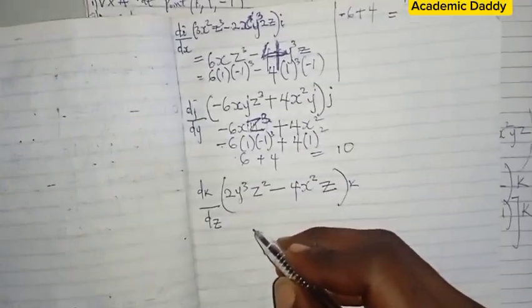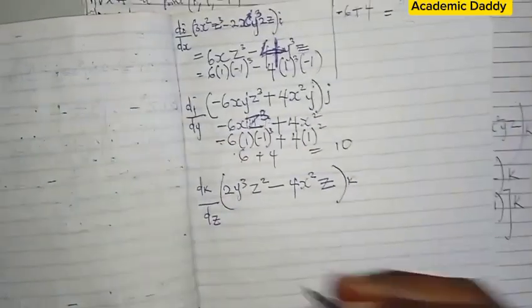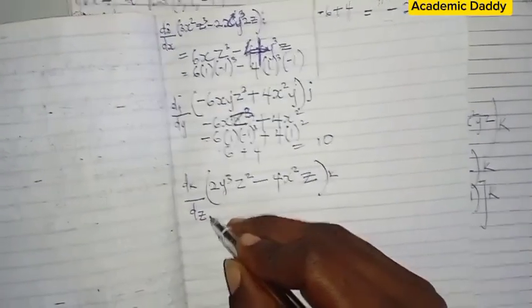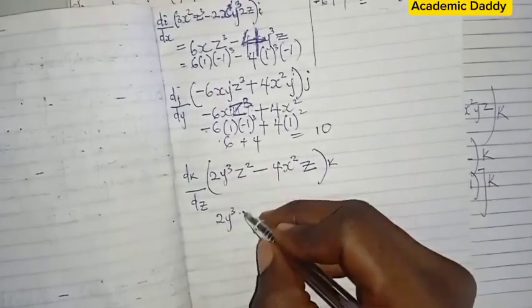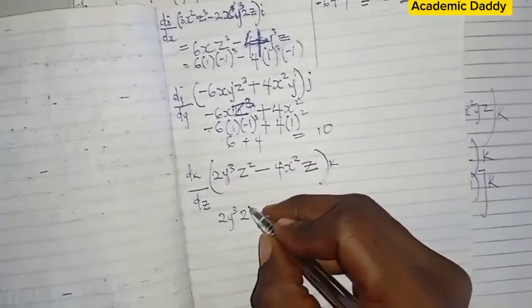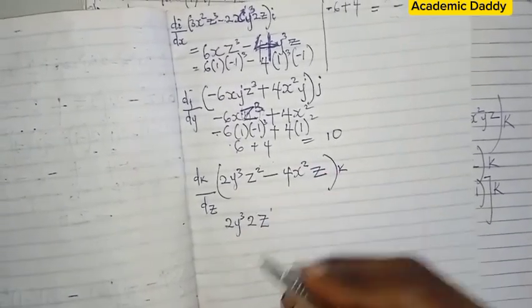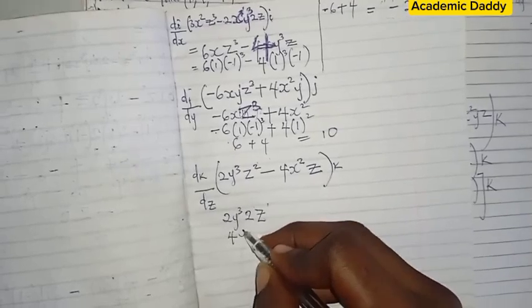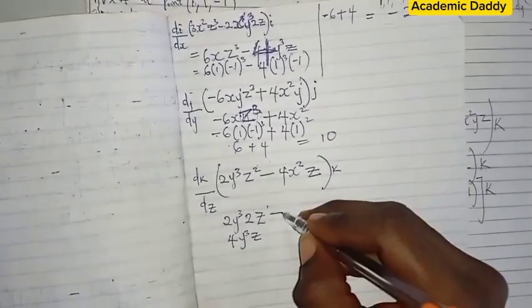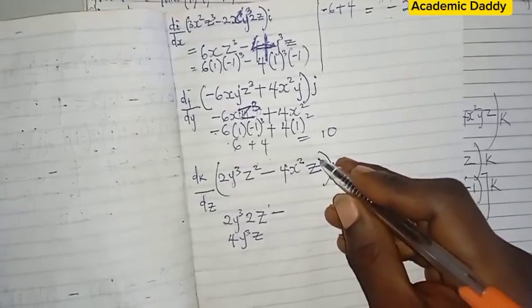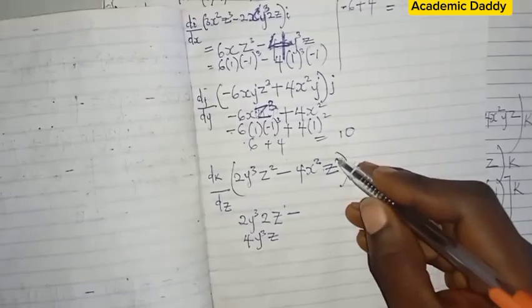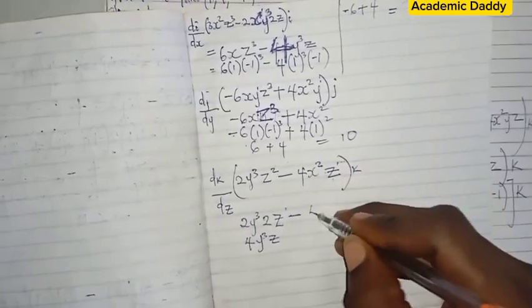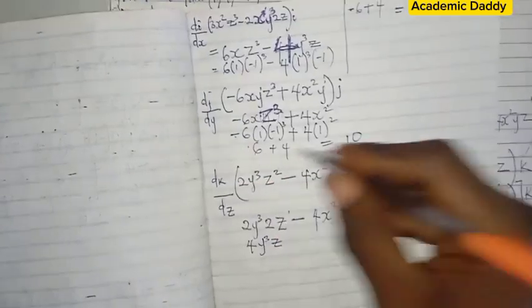Let's do the same thing here. I put in 1, 1, you can do your own, that's our straight line method. So differentiating with respect to z, because they are products, you just write 2y³, then differentiating z², you have 2 times z to the power 2 minus 1, z will be 1 here. So this is something like 4y³z, then minus 4x², z again, z is 1 here. The k dot k is out.